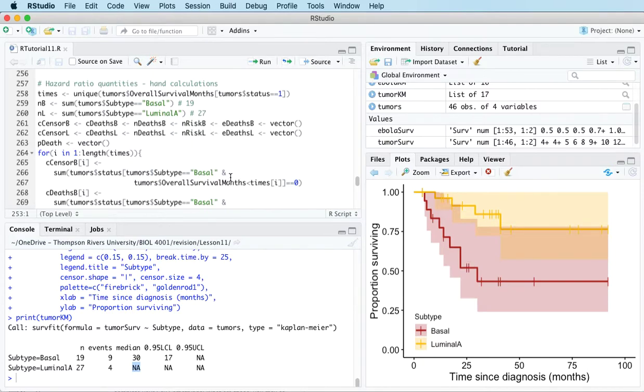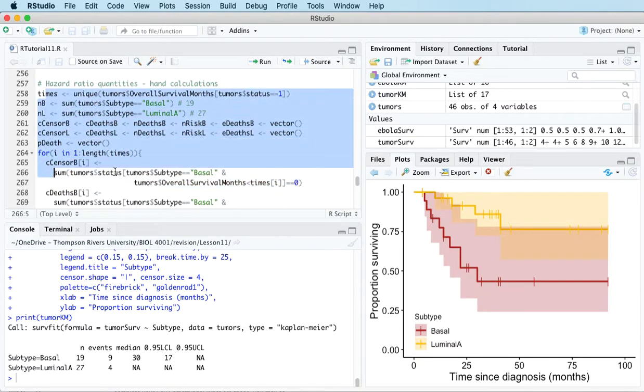We talked about hazard ratios previously when we were looking at 2x2 contingency tables, and it's essentially the same idea here. We can go through some hand calculations, and again this can be useful to learn in a little more depth what the various quantities are measuring.